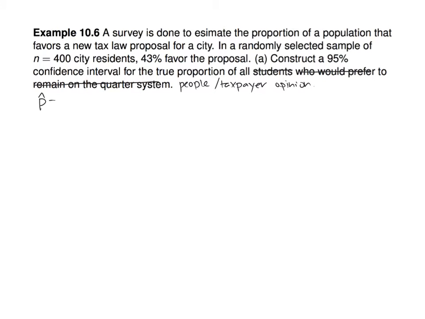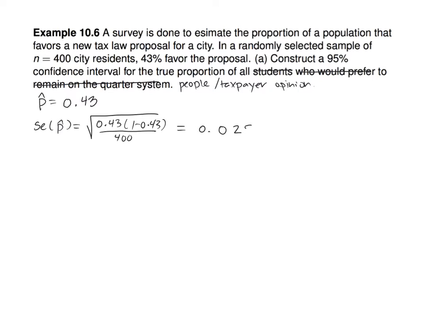So what's the sample proportion of those who favor the new tax law? We even told it. That'd be 0.43, right? Then find the standard error of that p-hat. 0.43 times 1 minus 0.43 over 400 comes out to be 0.02248, so 0.025.